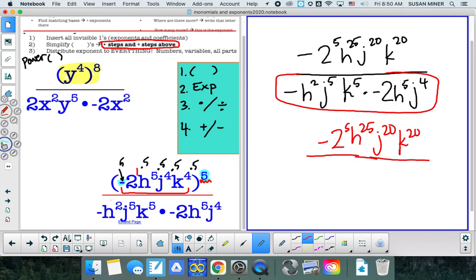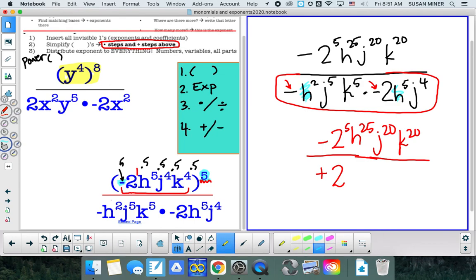In the bottom, I'm going to start right here. I have one negative, and it's being multiplied by a negative. That means I'm going to come out with a positive, and this is going to be a positive 2. And then I'm going to combine all of my like bases.